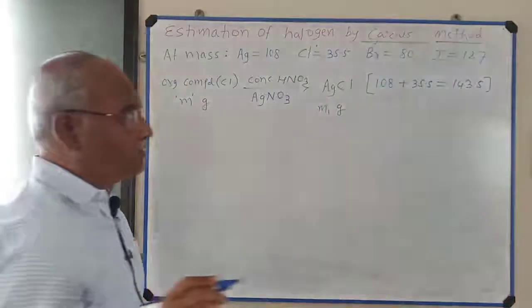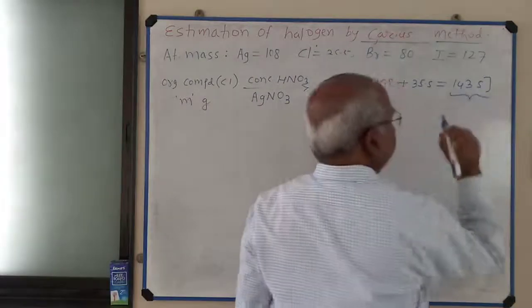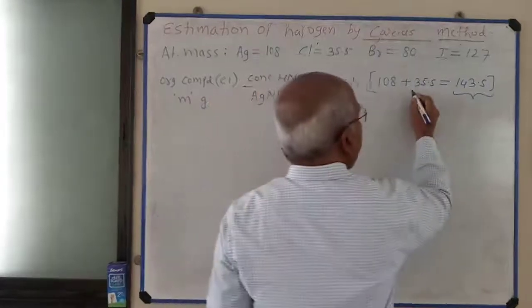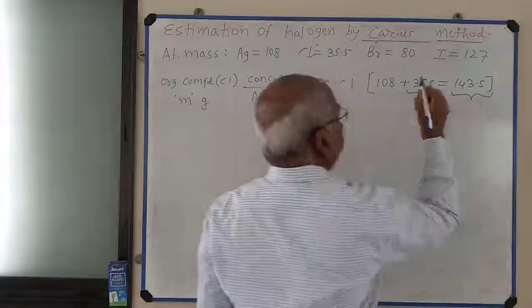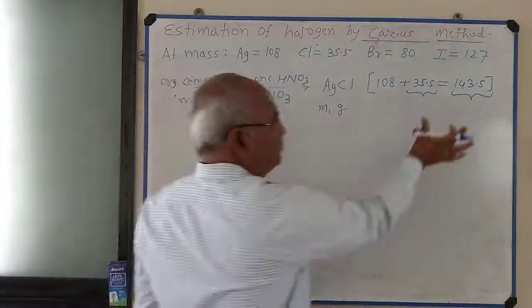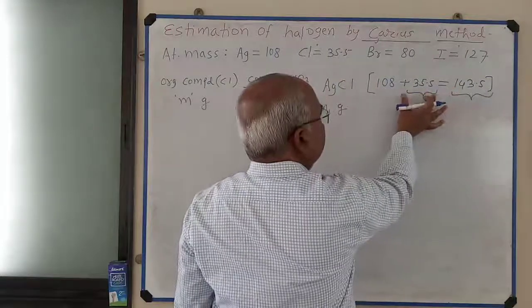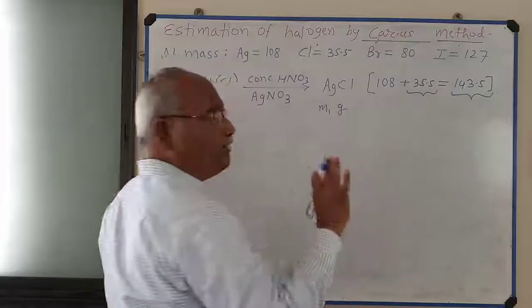So remember, this much amount of silver chloride contains 35.5 grams of chlorine. This much amount of AgCl contains 35.5% chlorine.